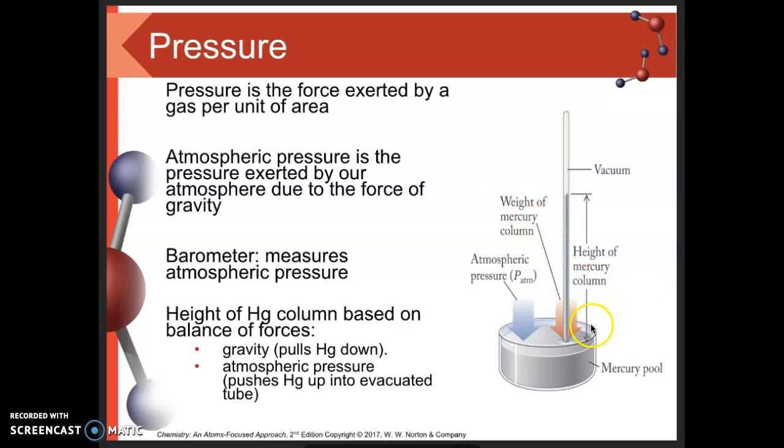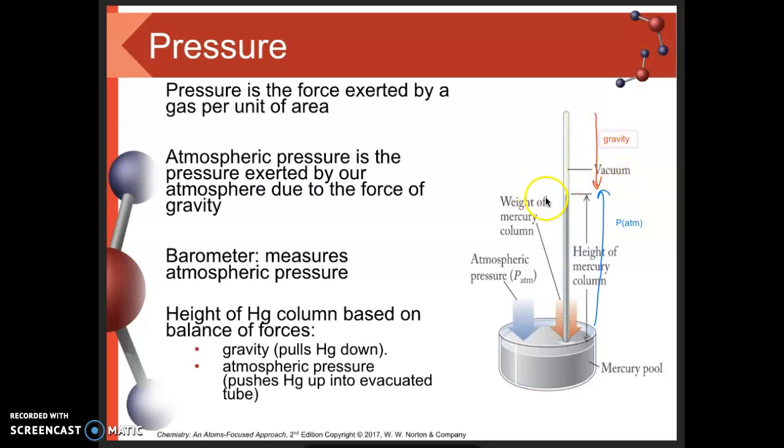On one side, the height of the column, the forces that are pushing up, are the atmospheric pressure pushing down on the mercury from the outside. And on the flip side, we have pushing down the force of gravity on the mercury itself.